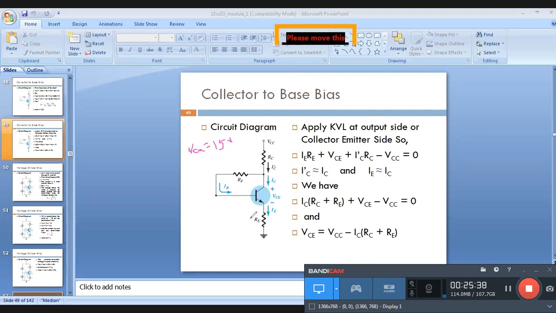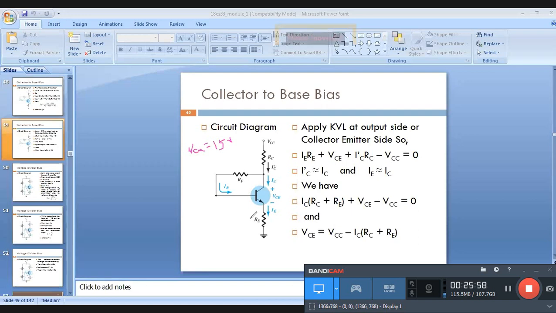Sometimes they will give it. If it is not given, you have to assume 15 volts or 12 volts. Most of the time they will give you the voltage. If sometimes they do not provide it, you have to assume the voltage, 15 or 12 volts.